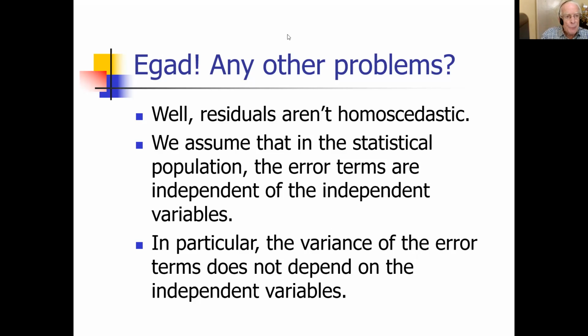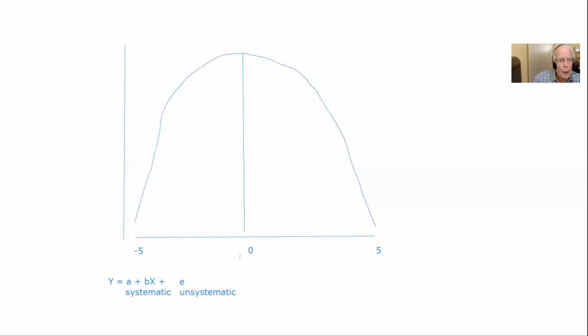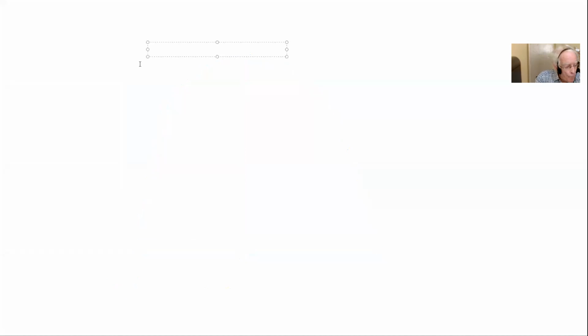So let's look at an example, again at the whiteboard. In particular, variance is the sum of the square of deviations of the variable from its mean.